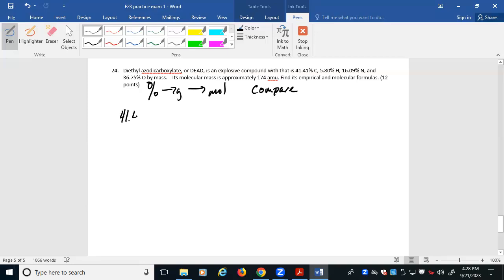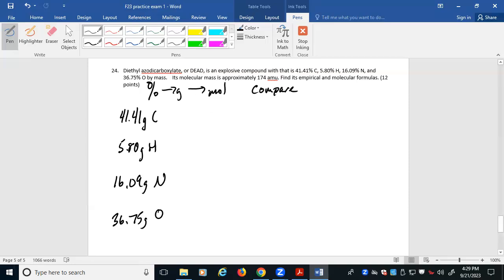So 41.41 grams of carbon, 5.80 grams of hydrogen, 16.09 grams of nitrogen, 36.75 grams of oxygen. Our first step was to turn the percents into grams.